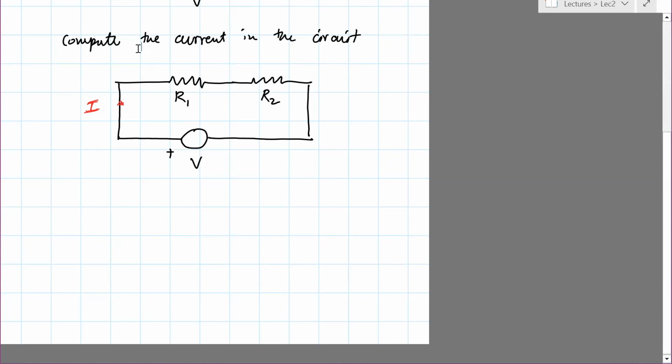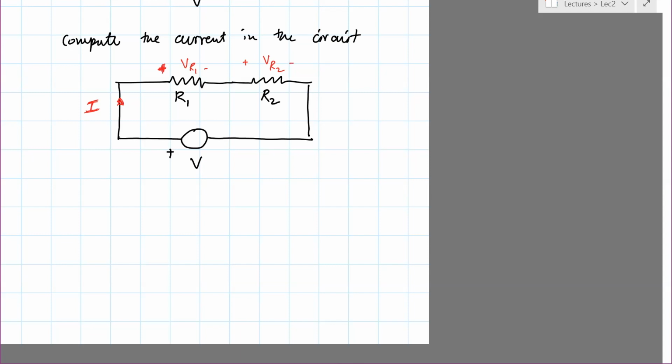Because there's a current which flows through each resistor, there's going to be a voltage drop across the resistor. So let's start by assuming that there is some voltage drop across R1 and some voltage drop across R2. Okay. And I intentionally put this as positive because my assumption is the current always flows from the positive to the negative. So if it's put this way, then it will follow the convention.